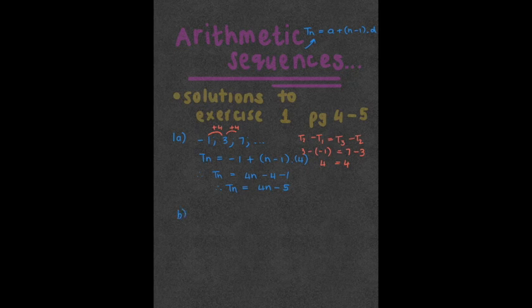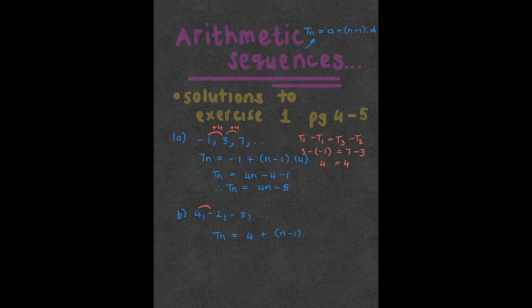Let's look at our next question, 1b. The pattern given here is 4, -2, -8, and so it goes. Tn equals a, term 1, plus (n minus 1) times my constant first difference. Let's again just do this visually.